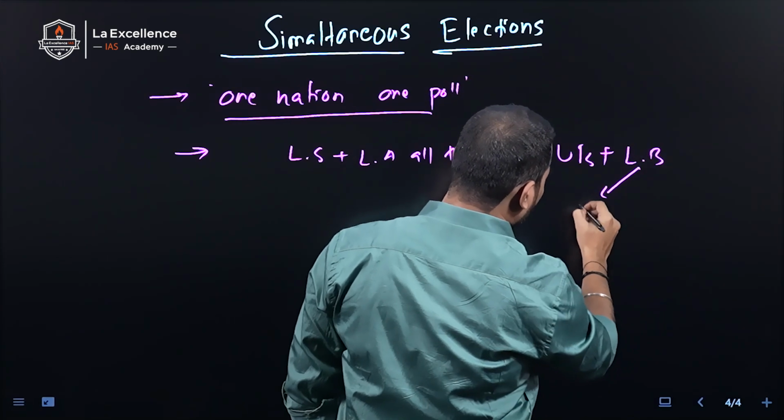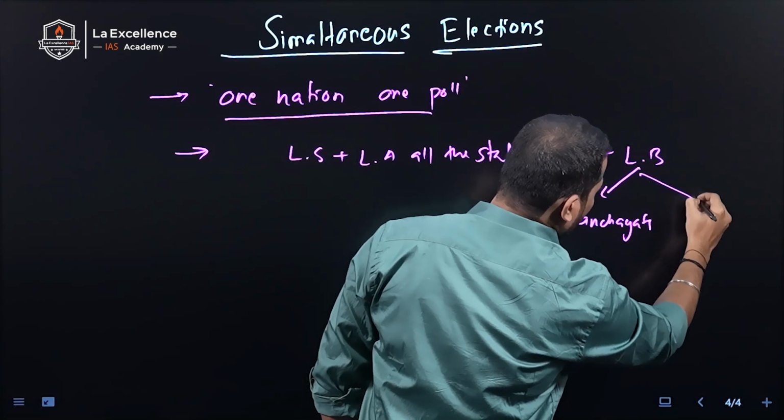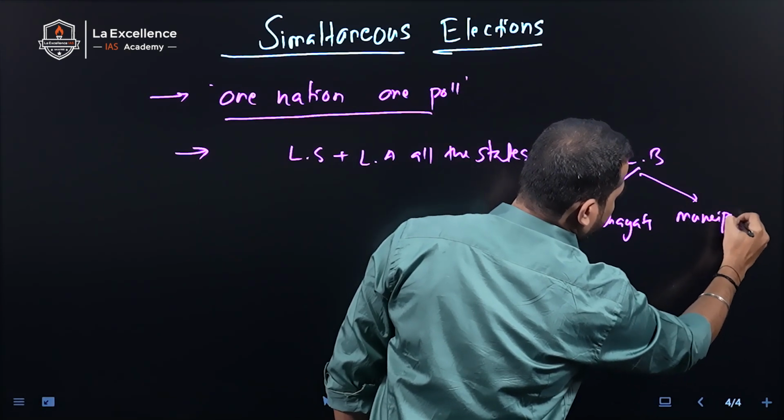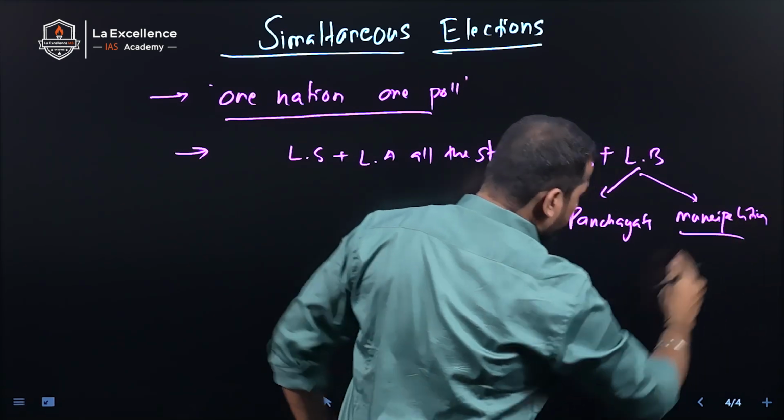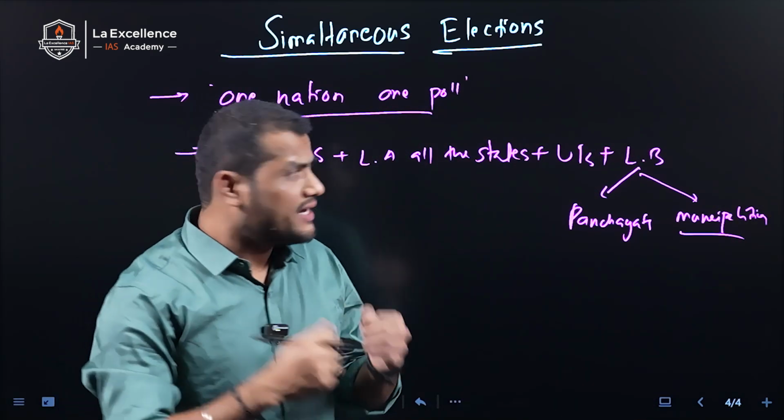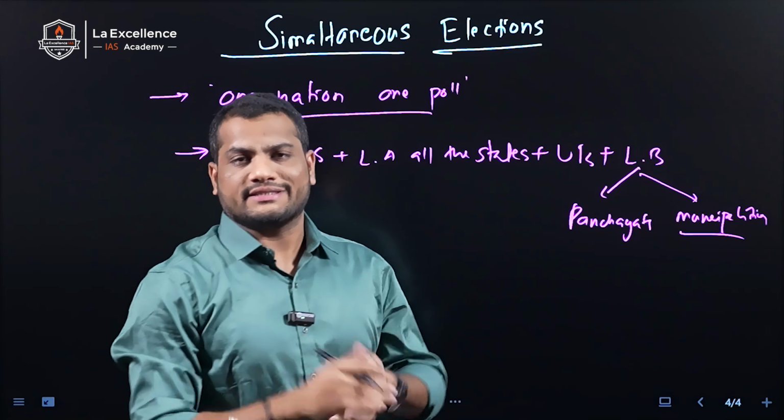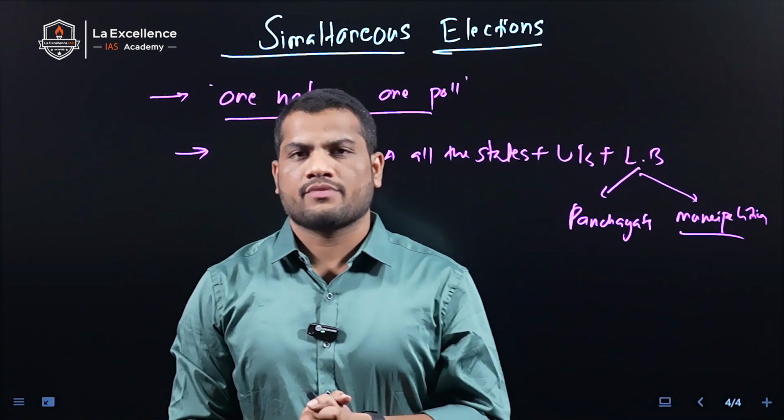Local bodies include panchayats and municipalities. Conducting elections simultaneously for all these bodies is called simultaneous election in India.